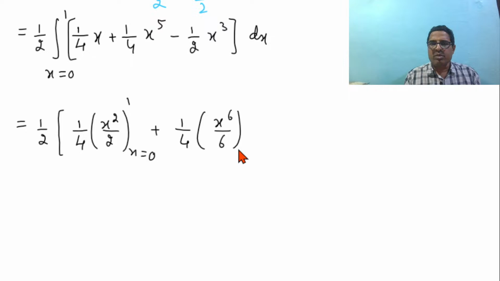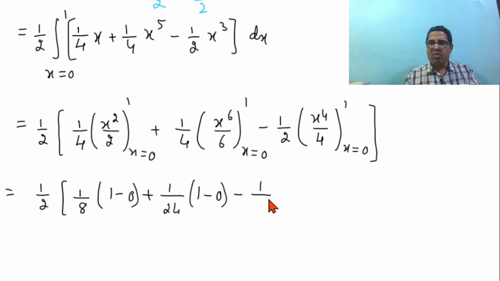So, if you apply the limits over here, 1 by 2 here you can just multiply, 4 times 2 is 8, upper limit value for x will be 1, 1 square is 1 minus lower limit value will be 0, plus 1 by 6 times 4 is 24, upper limit value for x will be 1 minus lower limit value 0, minus 1 by 4 times 2 will be 8, upper limit value will be 1 minus the lower limit value will be 0.